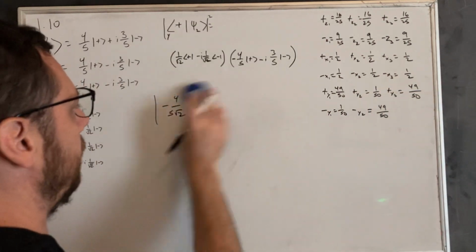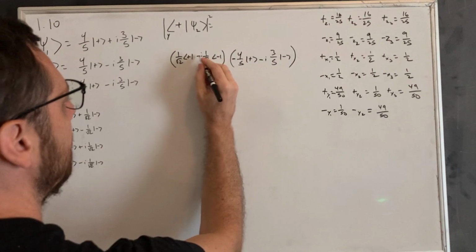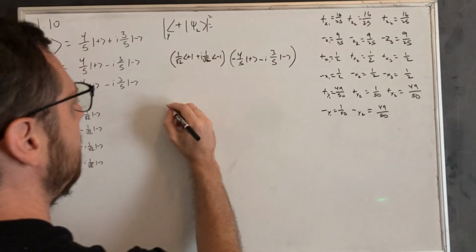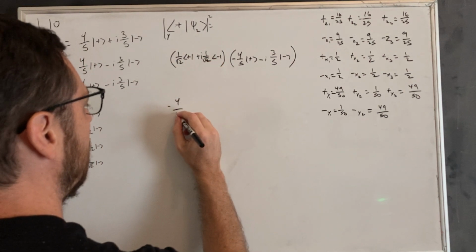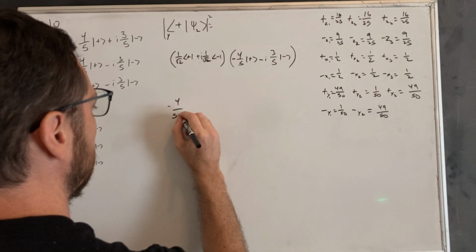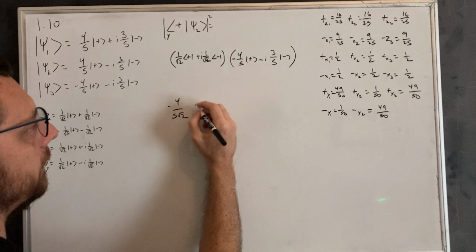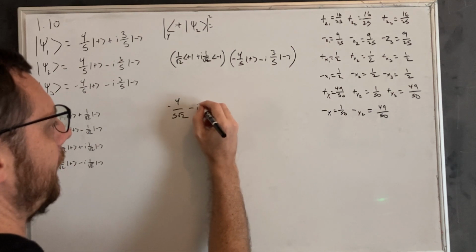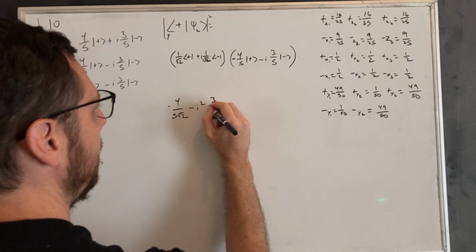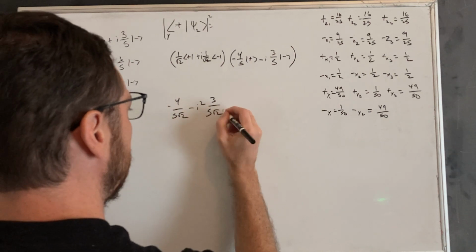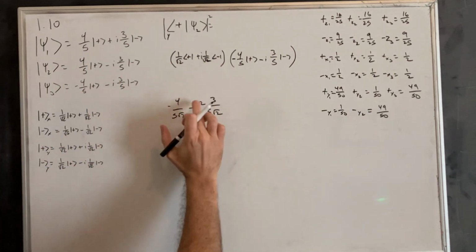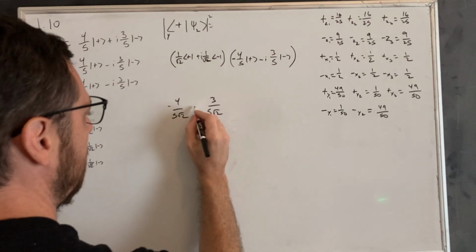All right, and then finally, last but not least, flip the sign here. We have negative 4 over 5 root 2. We have a positive and a negative i, so minus i squared 3 over 5 root 2. The i squared flips the sign, so it's going to be plus.